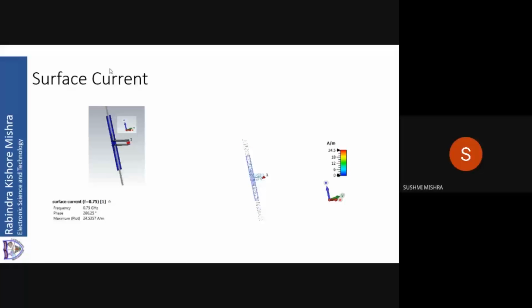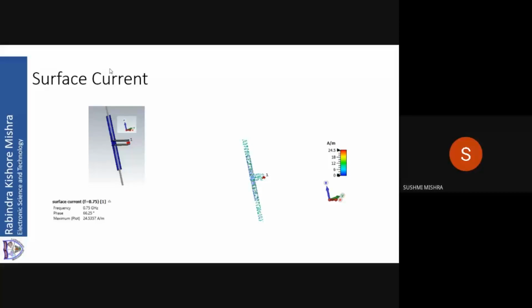I will take 937.5 as my frequency. Accordingly, if I calculate, lambda by 2 becomes 160 millimeter, or lambda by 4 is equal to 80 millimeter. So you can see on the left side, this design is for 80 millimeter.